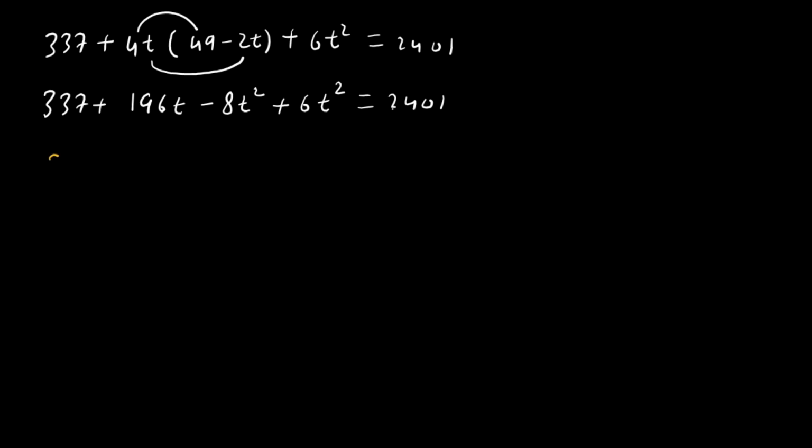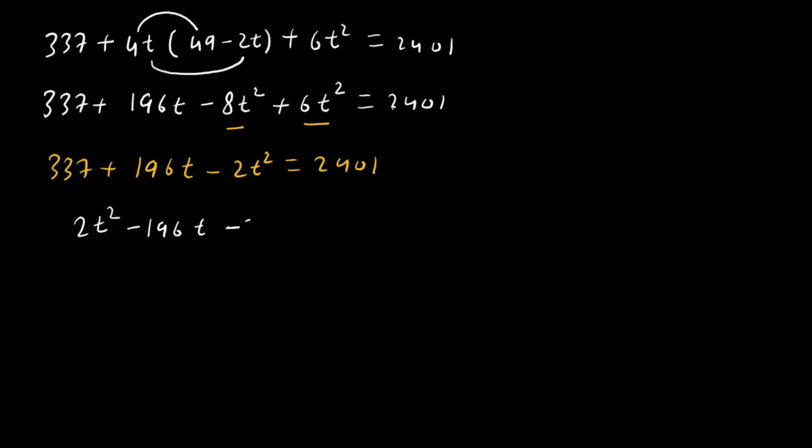Now 337 plus 196t minus 8t square plus 6t square, that is minus 2t square, equals 2401. If we take all the expressions to the same side, then 2t square minus 196t minus 337 plus 2401 equals 0. Here minus 337 plus 2401 gives plus 2064, so 2t square minus 196t plus 2064 equals 0.